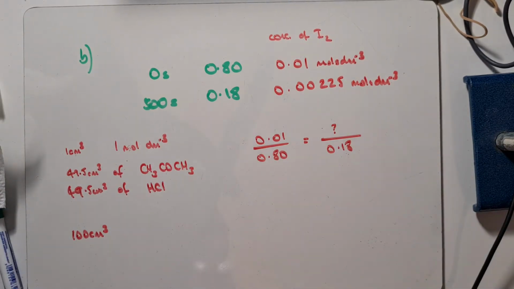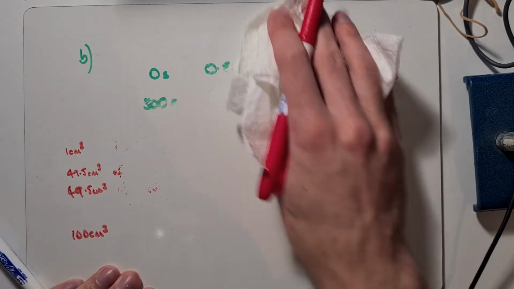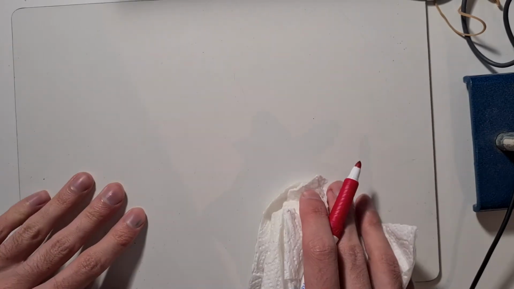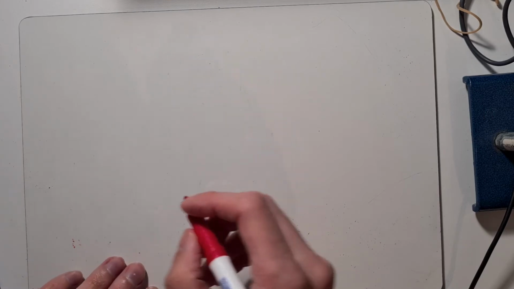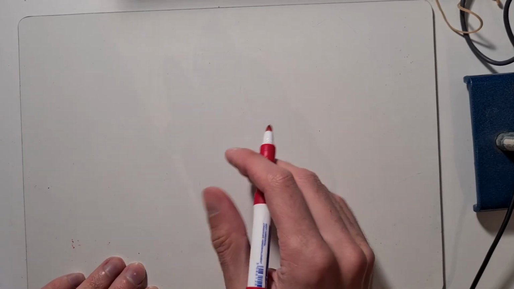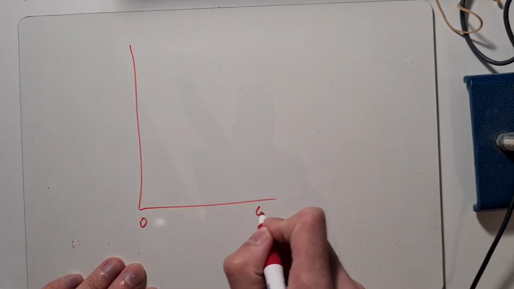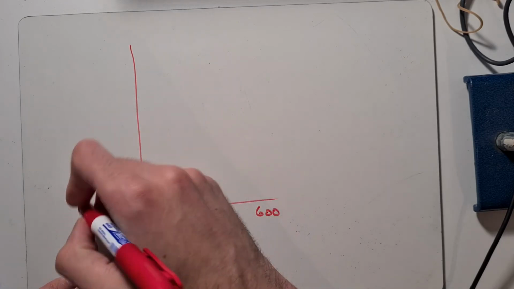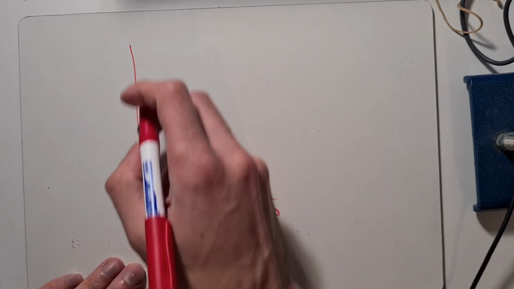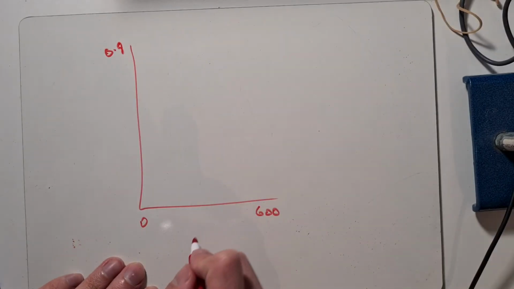In part C, we needed a graph, and you got 3 marks for your graph. The first mark was for having the axes labelled with units and linear scales, and at least half the graph paper used. So you had 0 to 600 along the bottom, and then absorbance 0 to 0.8 up the side, all the way up to the top of the graph paper.